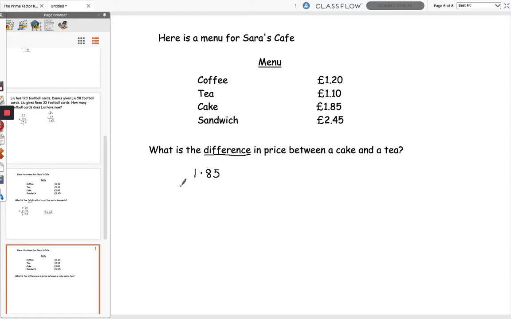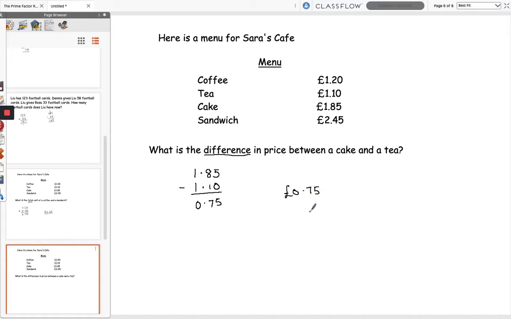And then I'm going to take away the cost of the tea. So 5 take away 0 is 5, 8 take away 1 is 7, and 1 take away 1 is 0. So the difference in price between the cake and the tea is £0.75.